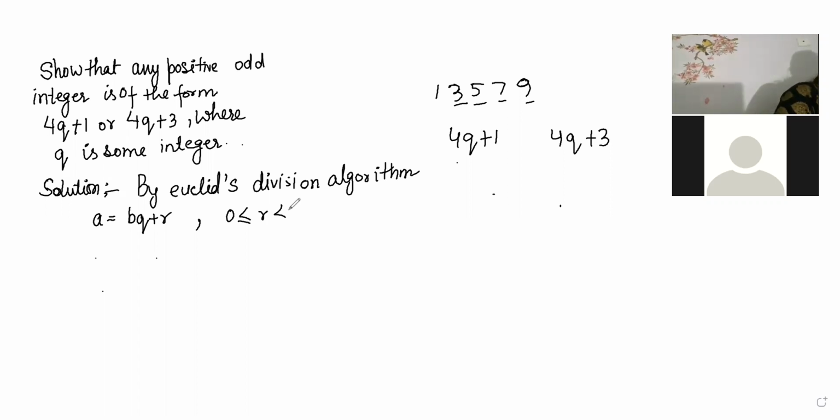Can anybody tell me what the restriction for r should be, beta? Because here in the question it is written 4q. So r should lie between 0 and 3. So r can be either 0, 1, 2, or 3.